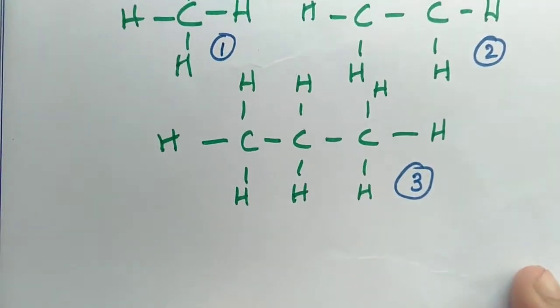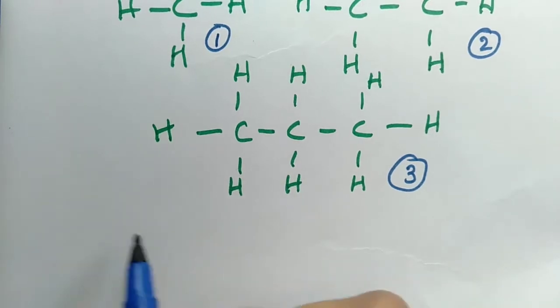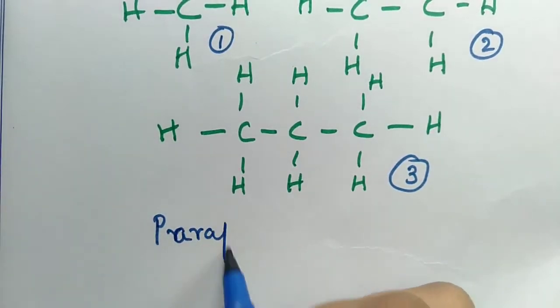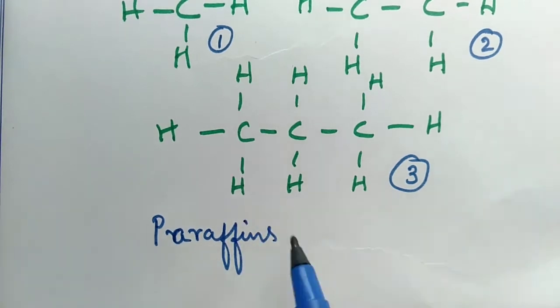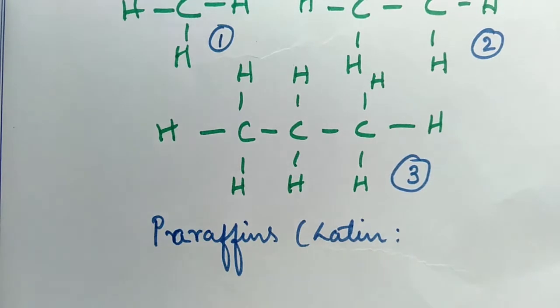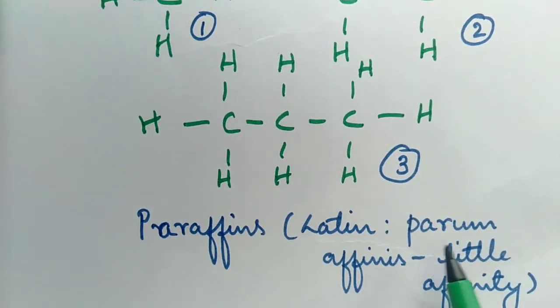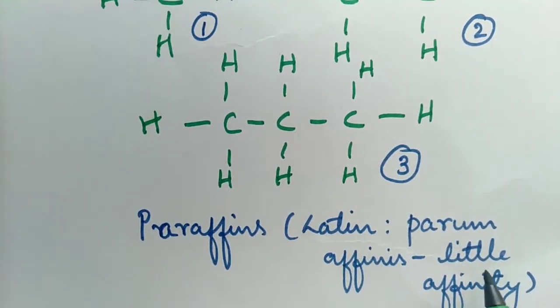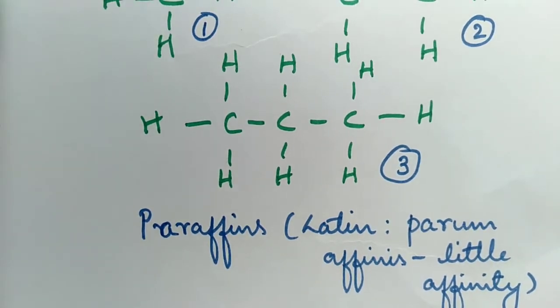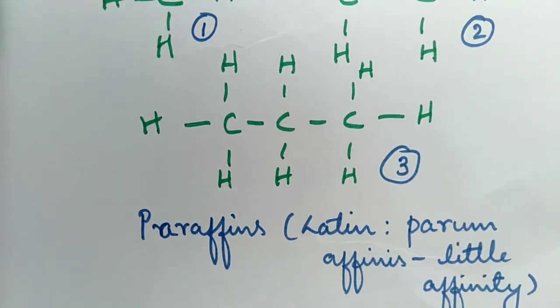And also, they are known as paraffins. It comes from the Latin words parum affinis, and it means little affinity. Alkanes are known as paraffins. Why? Look here.